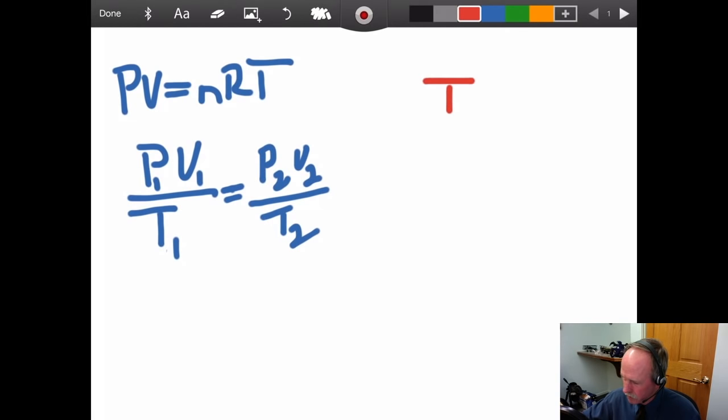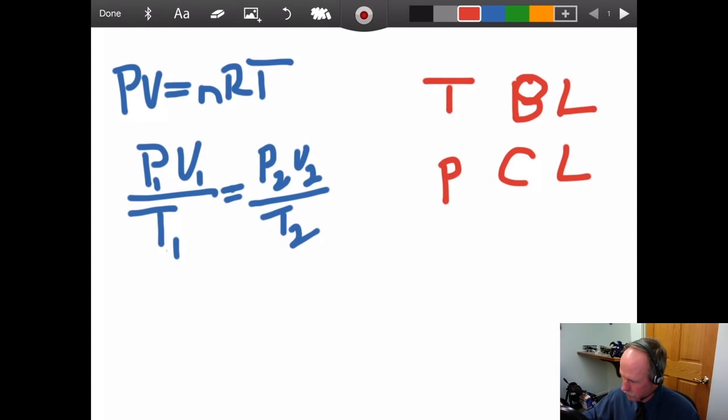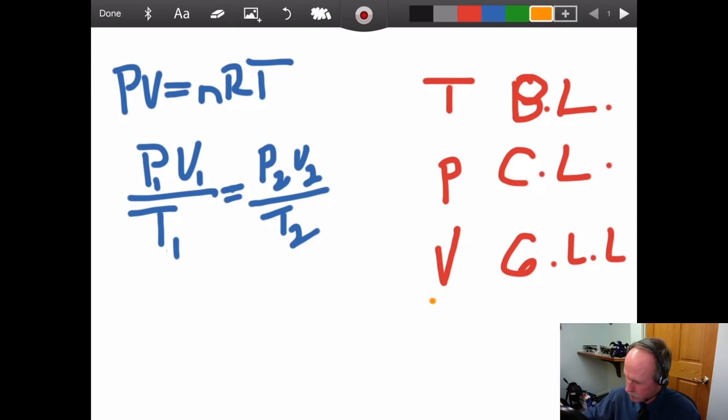So if we hold T constant, it becomes Boyle's law. Now, if we hold P constant, it becomes Charles' law. And if we hold V constant, it becomes Gay-Lussac's law. That makes some sense?